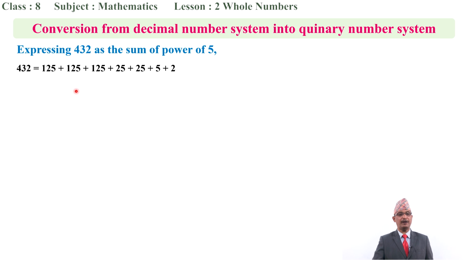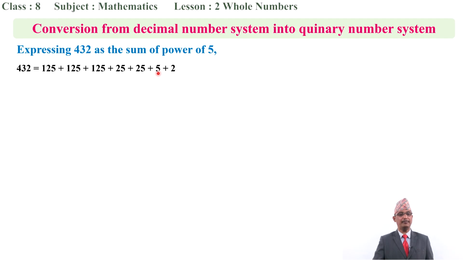So 125 plus 125 plus 125, 3 times 125, which is 375, plus 25 plus 25. 25 plus 25 becomes 50, so 375 plus 50 becomes 425. But we need 432.